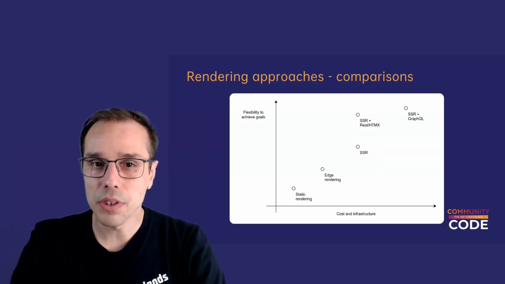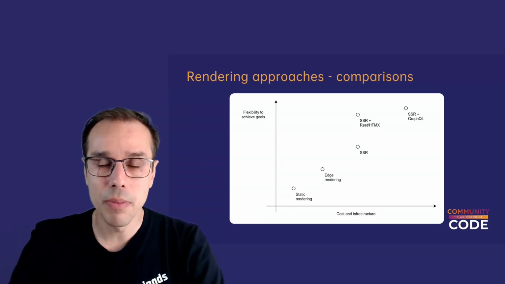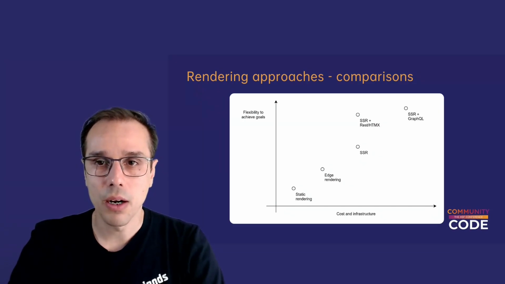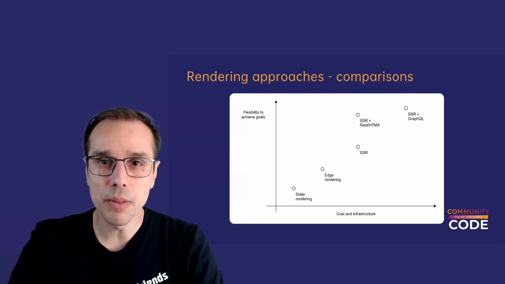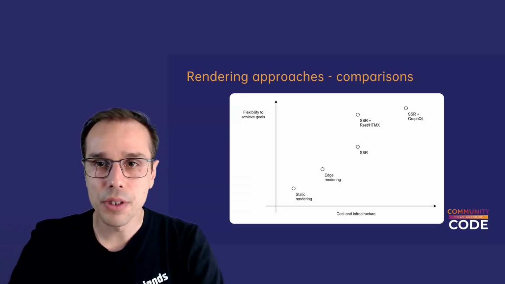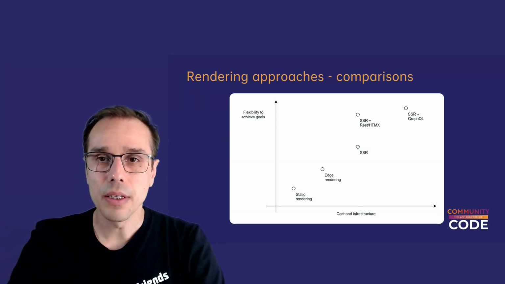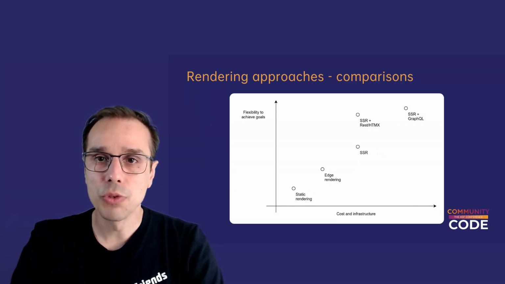And I've specifically placed GraphQL enhancement as requiring more cost and infrastructure, but also more flexibility, because I view it as a more heavyweight approach based on contracts and stricter separation between teams, which can give you more flexibility because the teams are more decoupled, but it also requires more maturity from the part of the organization. It also is usually not as easy to integrate into a caching infrastructure, so I would rank this as more cost heavy or infrastructure heavy.